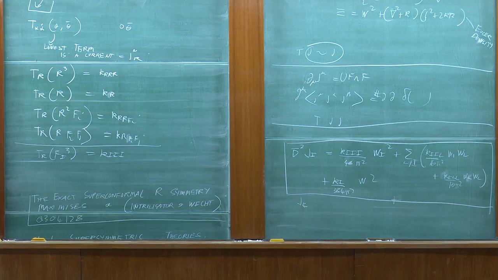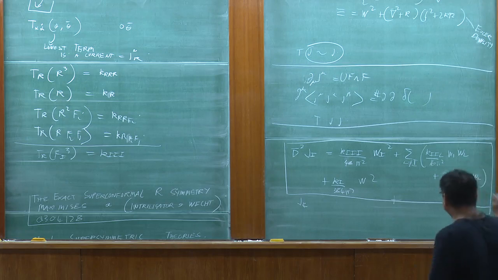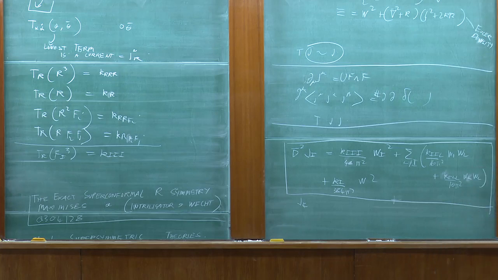Yeah, but there W had both gravity and R symmetry. Similarly, here W has both gravity and R symmetry charge. But they don't correspond to the same multiplet. Wi does not, but W does. W is the gravitational multiplet.